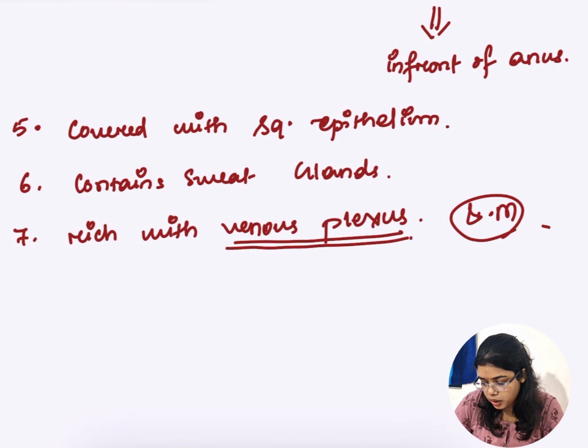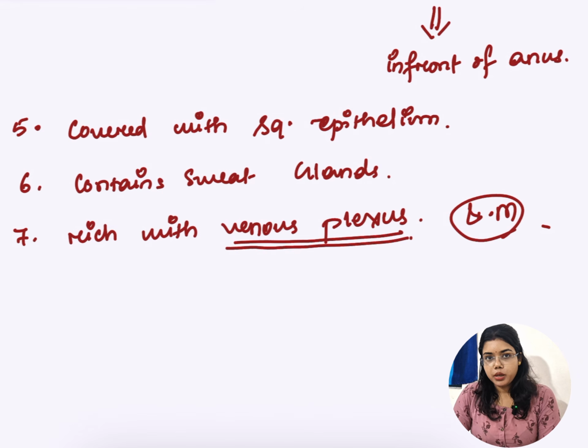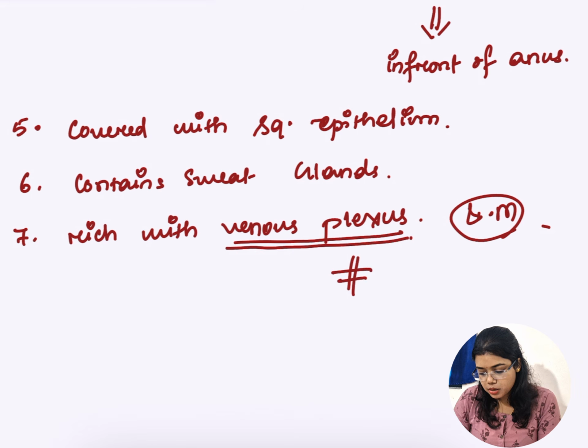Here, during the episiotomy in a normal vaginal delivery, when you give the episiotomy, the venous plexus gets damaged.